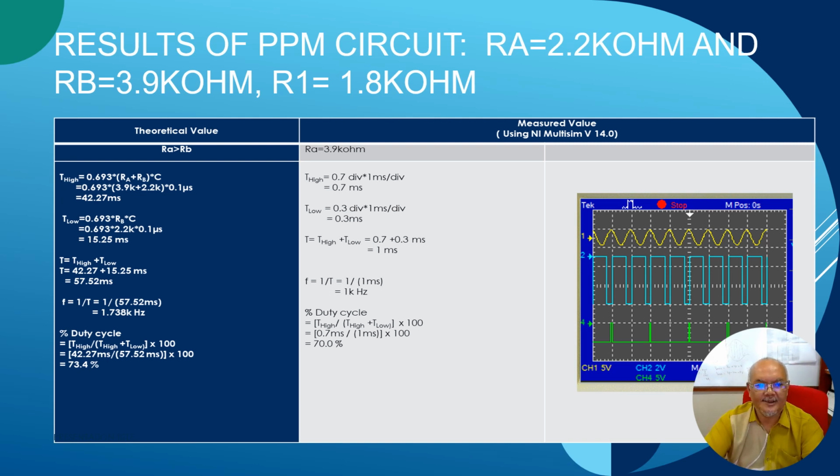From the theoretical calculation, T high is equal to 42.27 milliseconds, T low is equal to 15.25 milliseconds, and the total period T high plus T low is 57.52 milliseconds, and the duty cycle for the PPM signal is equal to 73.4%.